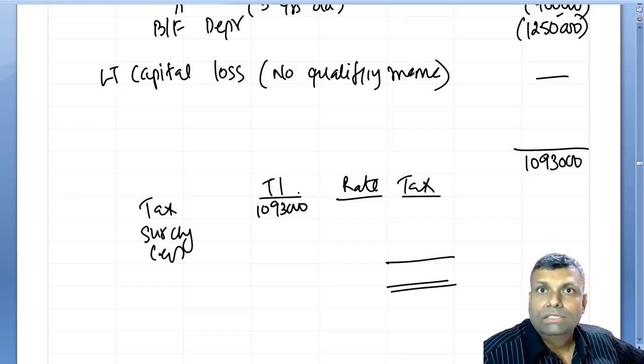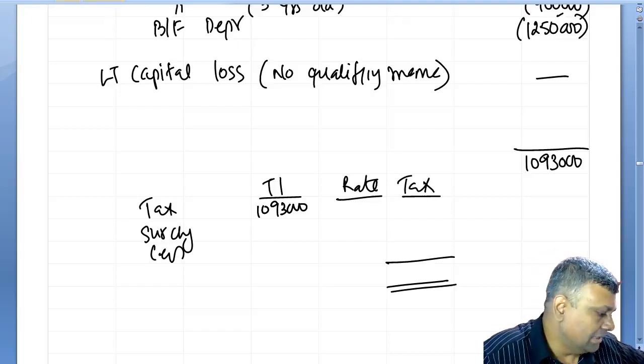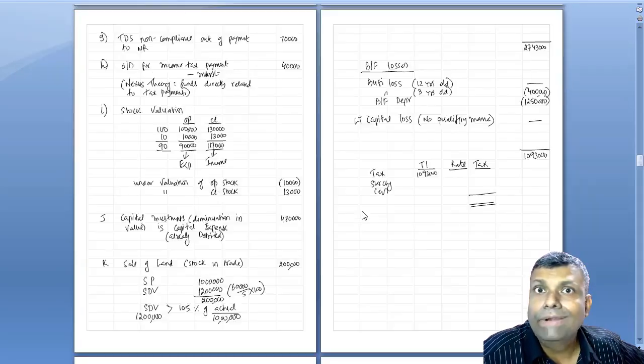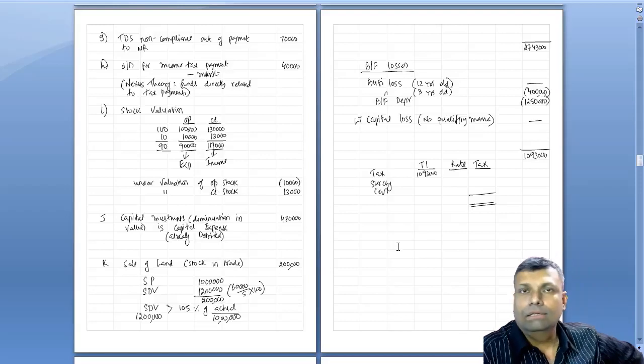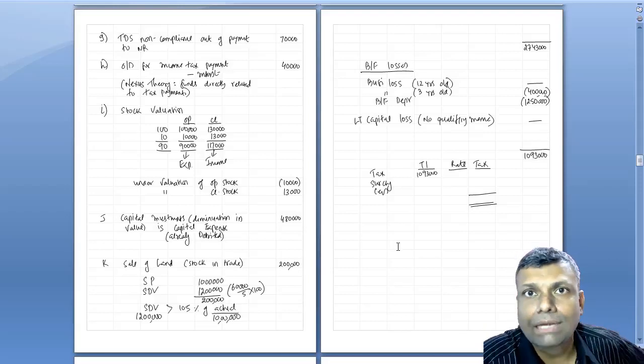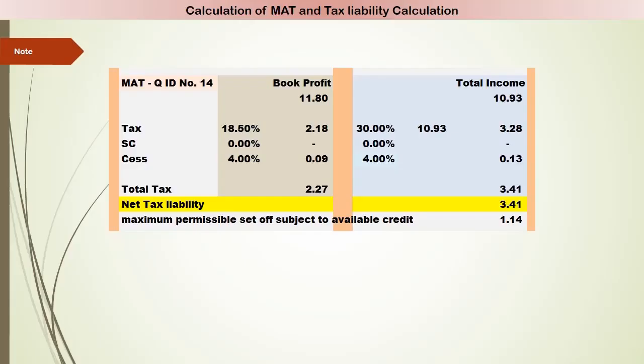Come on, friends. Check your total. Have a full look at the answer, a final look quickly, and start doing your tax liability calculation. Check all the totals. Multiply with the rates of the company. In the given case, check whether it is an Indian company or foreign company, because there can be different rates of tax. Surcharge will be applicable only when your income exceeds the basic limit specified for the purpose of surcharge.